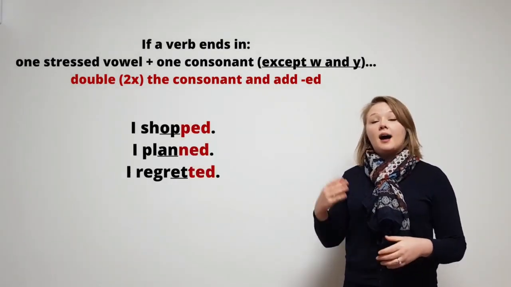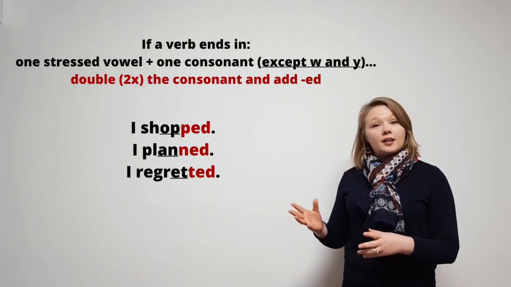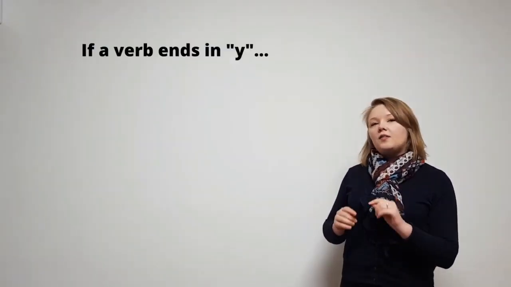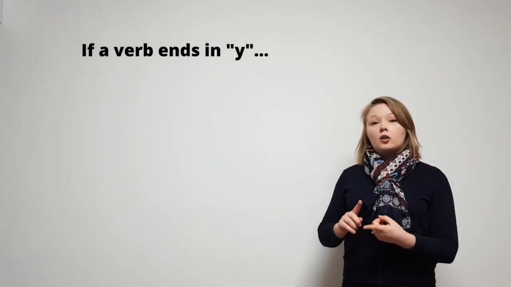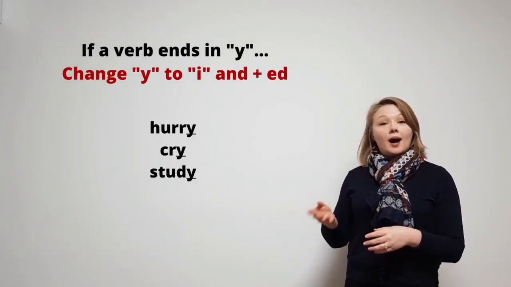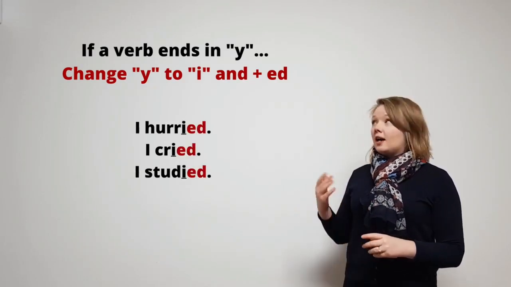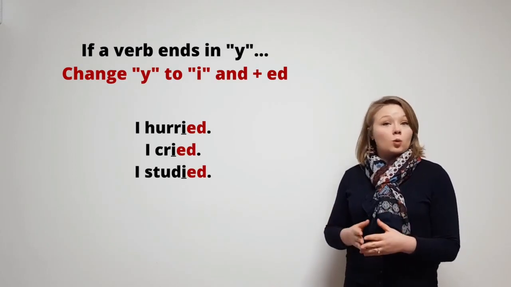For example, I shopped, I planned, or I regretted. Finally, if a verb ends in y, like hurry, cry, or study, change the y to i and add ed. For example, I hurried, I cried, or I studied.